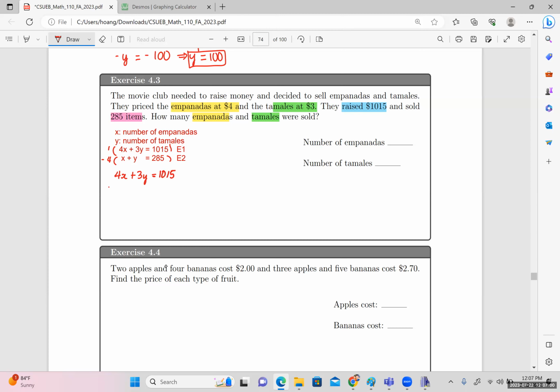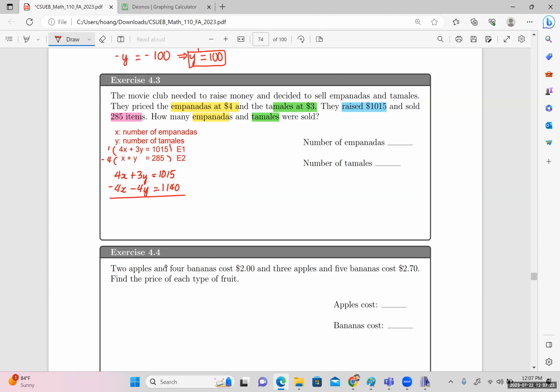Second one will be -4x minus 4y equal to, use a calculator, it's going to be 4 times 285, 1,140.